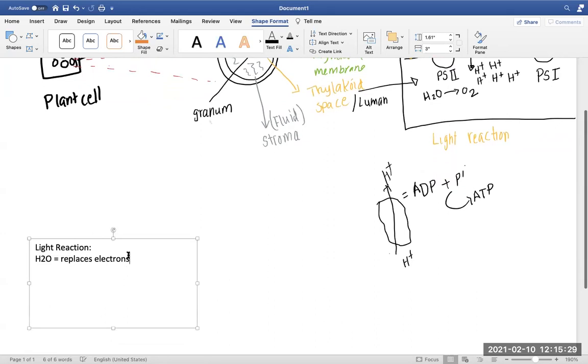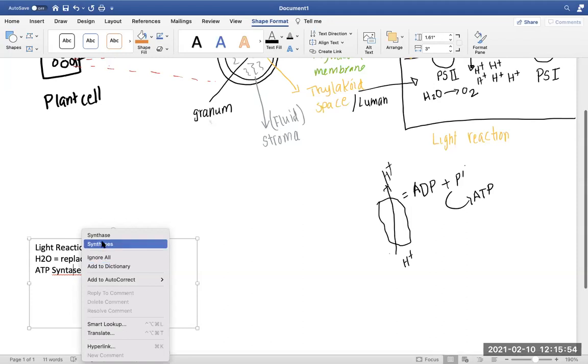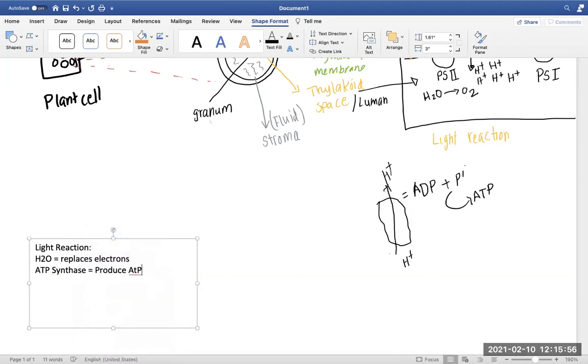So water replaces the electrons, and those electrons pump the hydrogen ions inside, and it's going to use ATP synthase to produce ATP. And another thing is the NADPH.